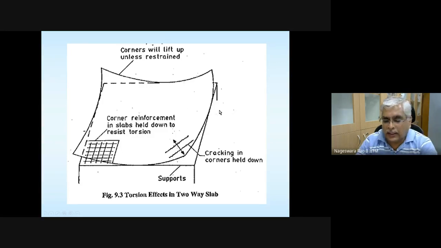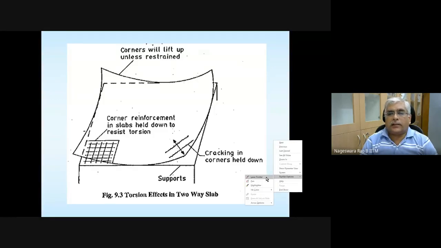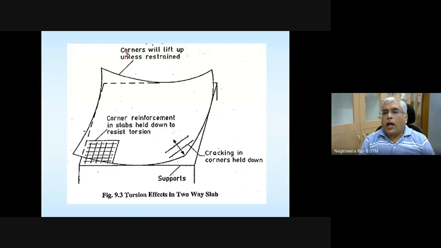That is the reason two cases are there in Annexure D. We'll go into detail in the next class. When the corners are prevented from lifting up, take note of this figure. Corners will lift up unless restrained. That is the inherent behavior of a two-way slab.